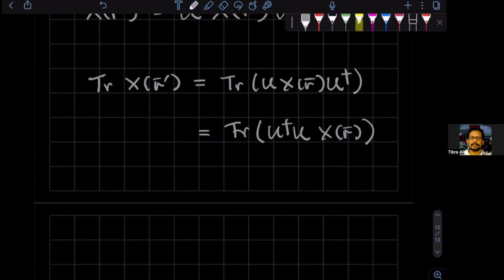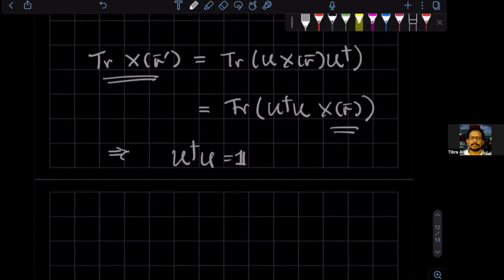If the tracelessness of this matrix implies the tracelessness of this matrix, then it must be that U dagger U is 1. And therefore, U has to be unitary. Okay, so the tracelessness guarantees that U is unitary.